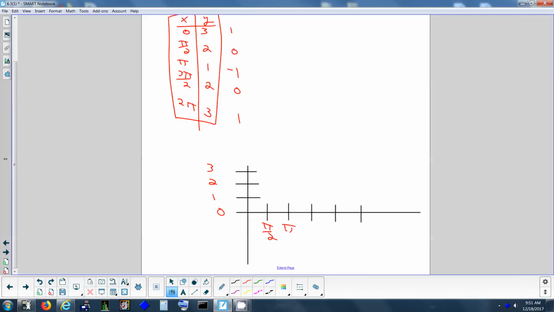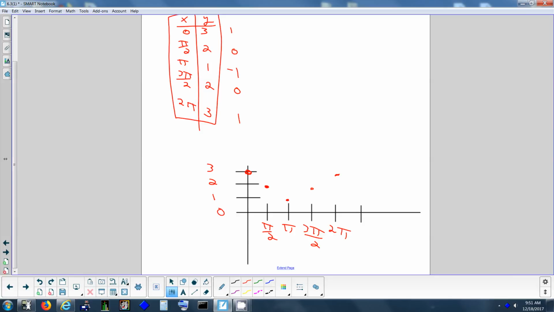Pi over 2, pi, 3 pi over 2, 2 pi. I got an extra line, I don't need it. Okay, so 0, 3, pi over 2, 2, 1, 2, and 3. You should always end where you started because that means you've drawn a complete cycle.